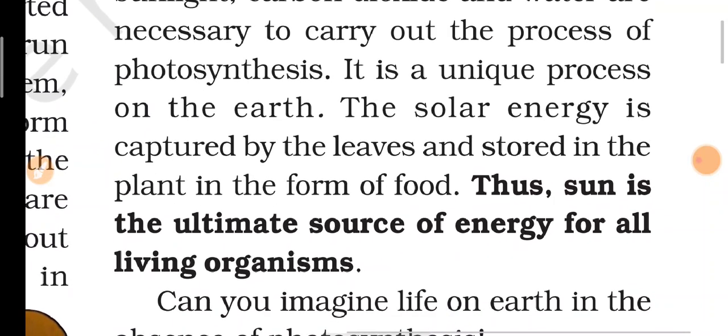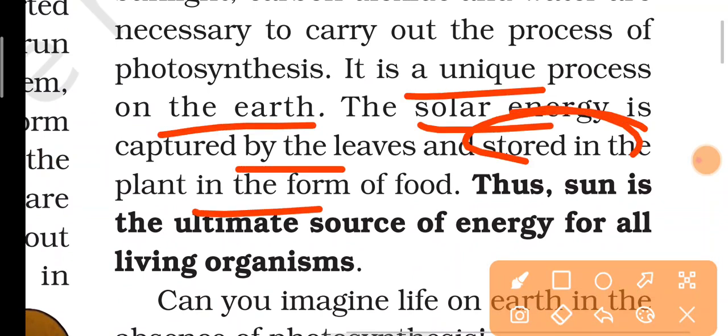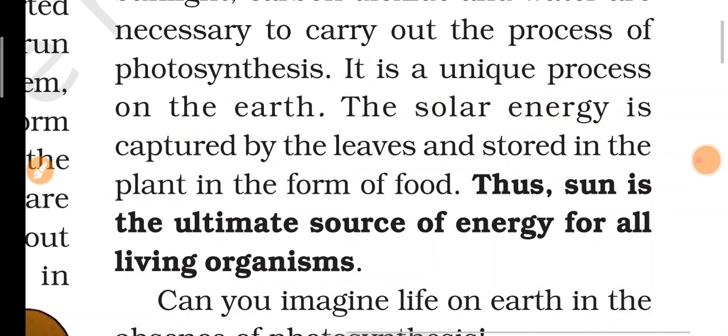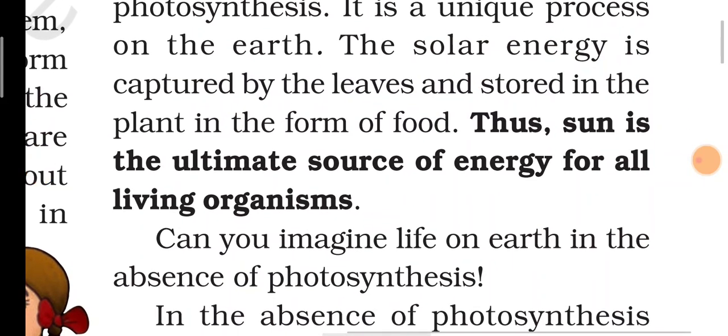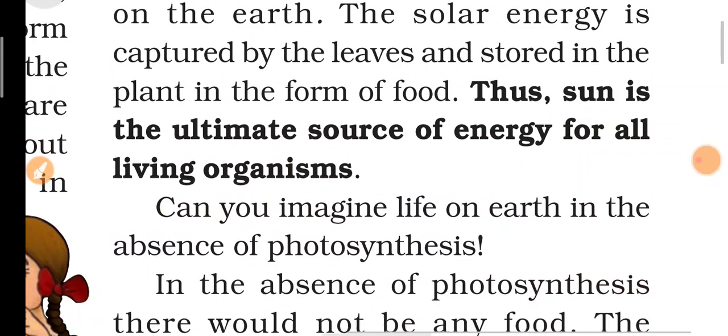And this photosynthesis is one of the unique processes on the earth. The solar energy is captured by the leaves and stored in the plant in the form of food. Thus we can say that the sun is the ultimate source of energy for all living organisms.